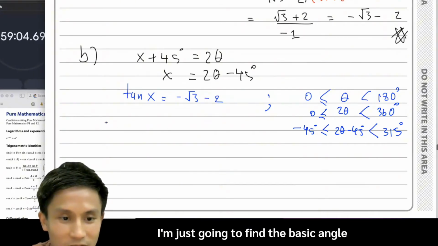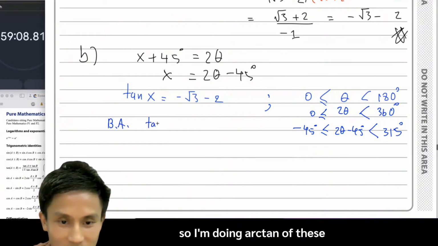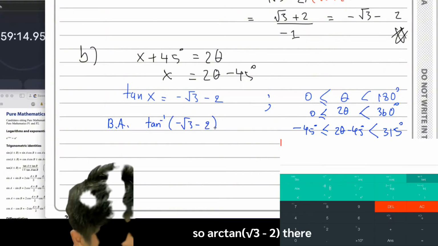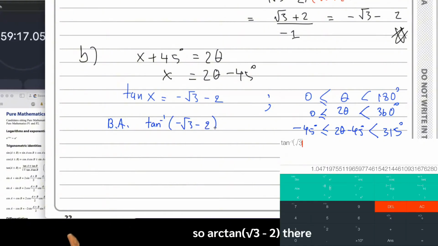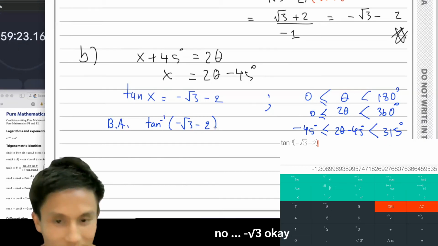And again, I'm just going to find the basic angle to work on the CAST diagram. So I'm doing arctan of these. And I need a calculator again, guys. So arctan of minus root 3, not minus 2. Okay.